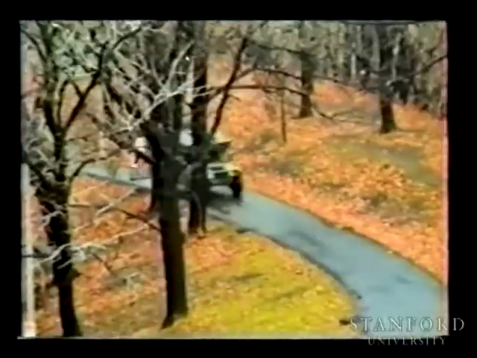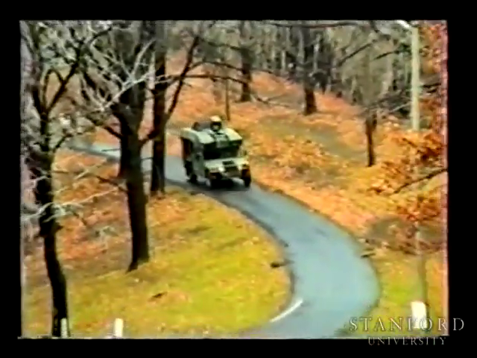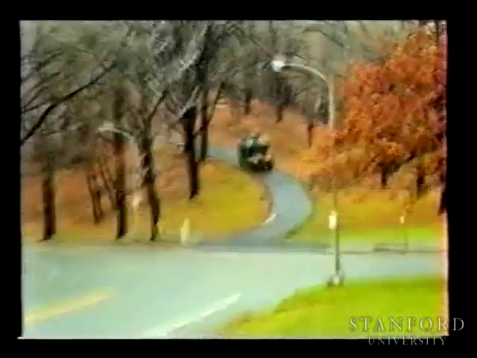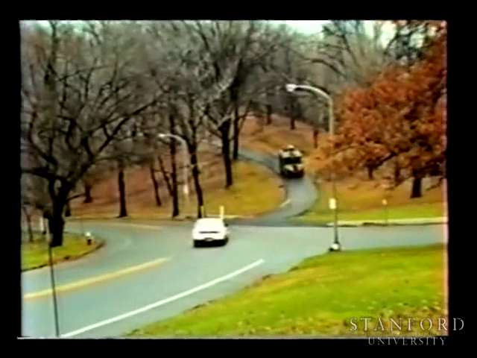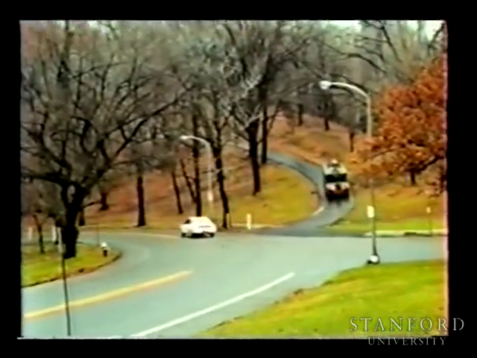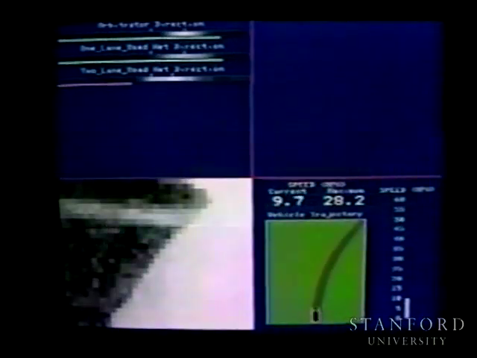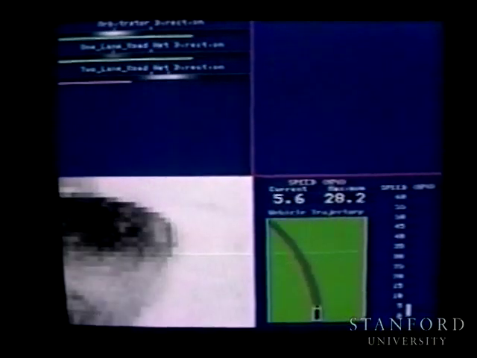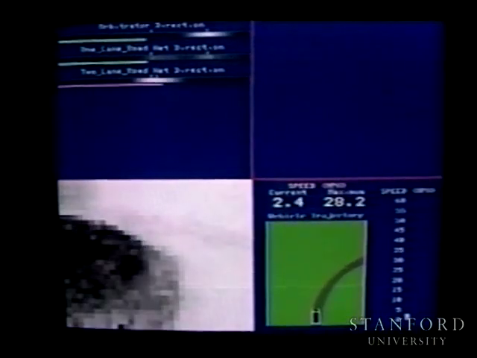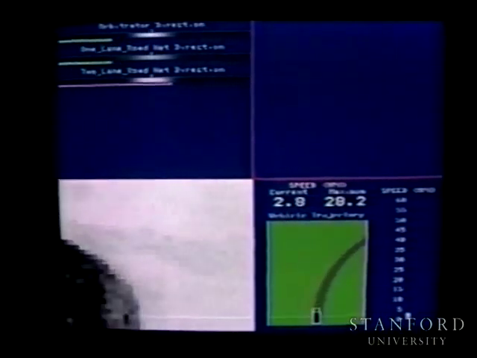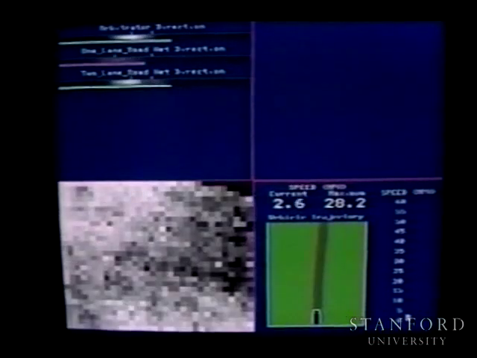Suddenly, an intersection appears ahead of the vehicle. As the vehicle approaches the intersection, the confidence of the one-lane network decreases.